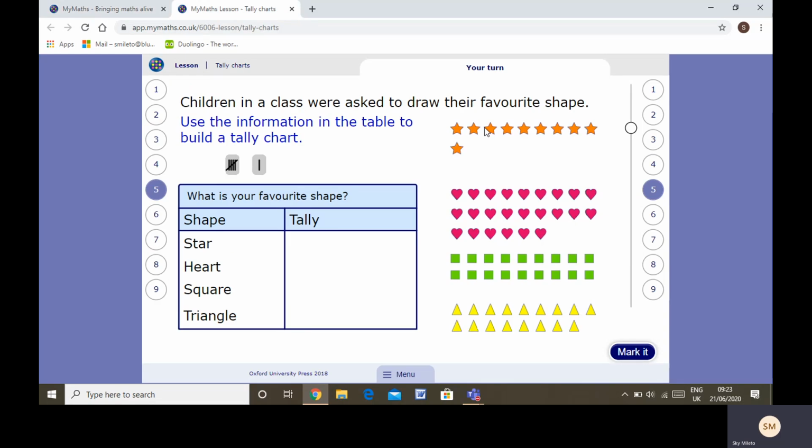Stars 1, 2, 3, 4, 5, 6, 7, 8, 9, 10. Now I know for that I can have 2 gates. Okay, now you have a go at the rest.